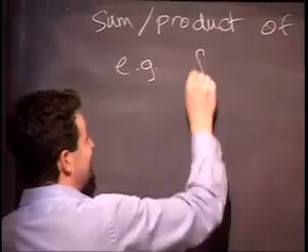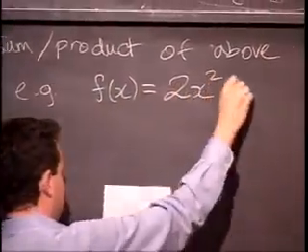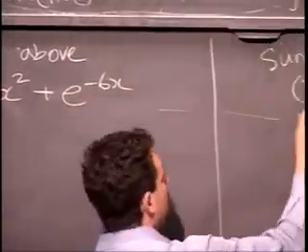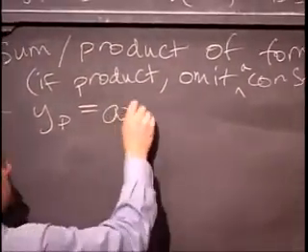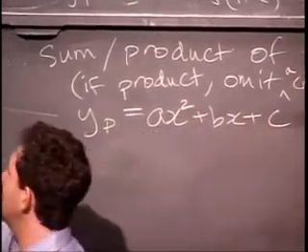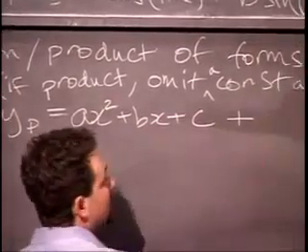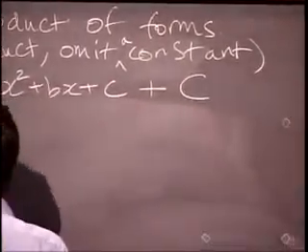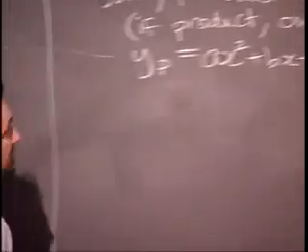So, if the right-hand side of your original differential equation happens to be 2x squared plus e to the minus 6x, well then, you let yp be, well the 2x squared needs to be ax squared plus bx plus c, and the e to the minus 6x should be a constant. I've run out of letters. Actually, maybe I'll call it c, c e to the minus 6x. Why not d?